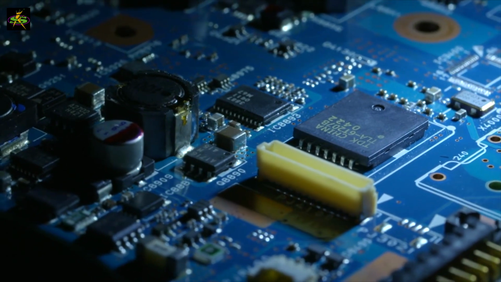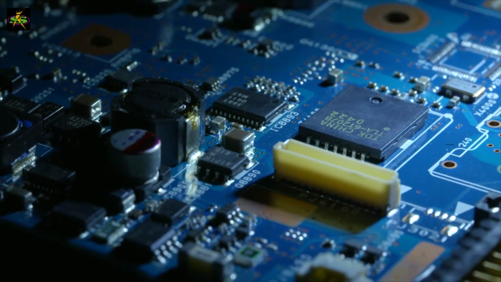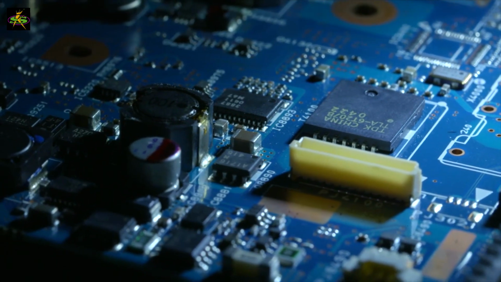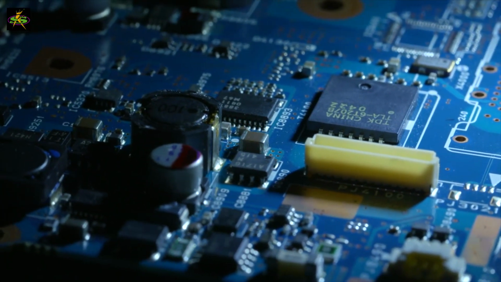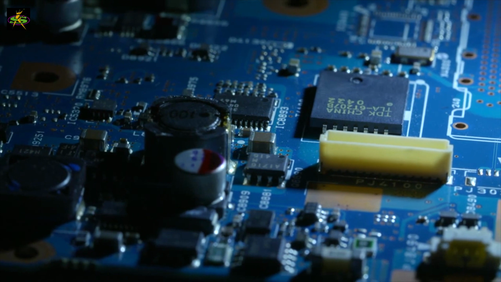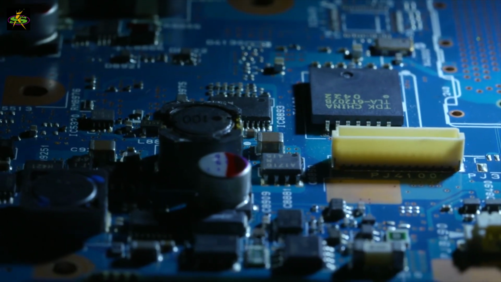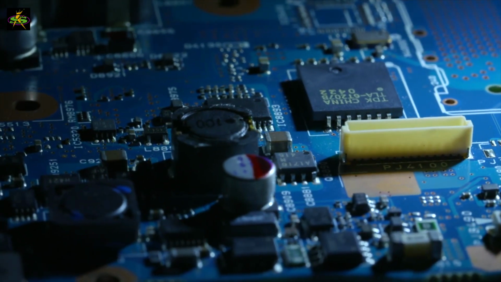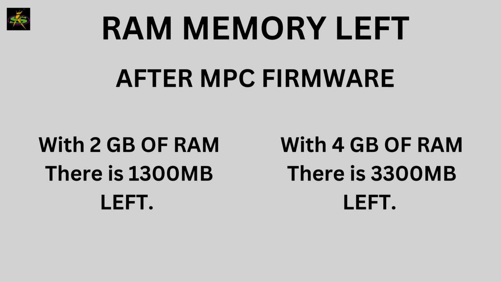So how much memory is available for us, right? You want to know, can we go further and beyond? And the real truth is that Akai states that the MPC firmware will use up around 700 megabytes, 600 to 700, but we'll say 700 megabytes of the installed RAM. And this means we got about 1,300 megabytes of RAM available for us.